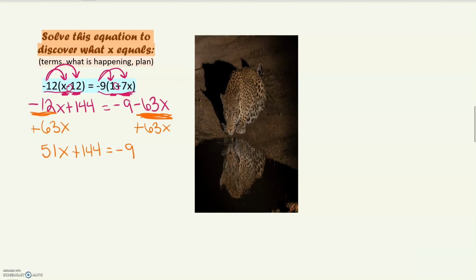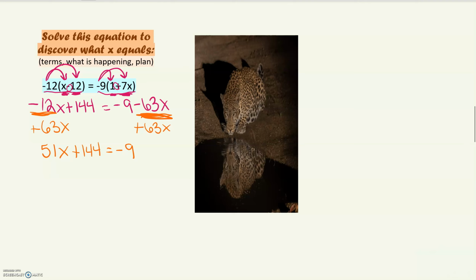Okay, to summarize what I did, I have distributed the numbers outside the quantities. I have then looked at the coefficients where my variables are. I chose the one that's the smallest, and I want to use that to move it to the other side. The opposite of subtracting 63x is adding 63x. I then went ahead and did the math.